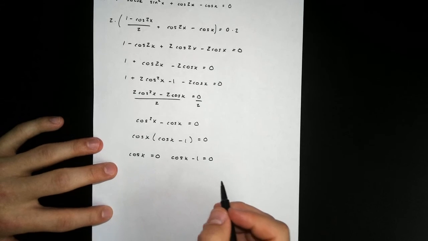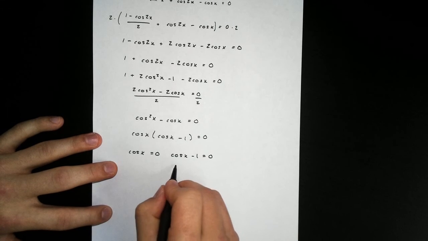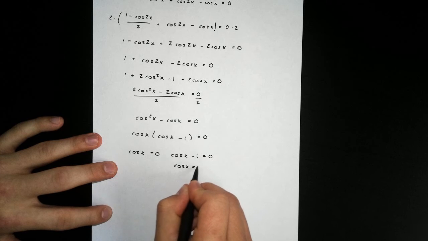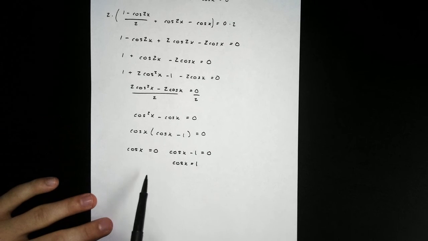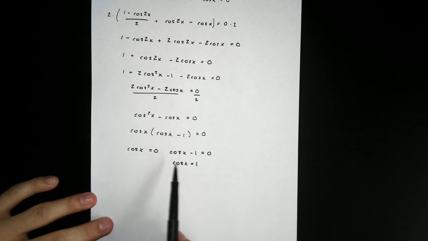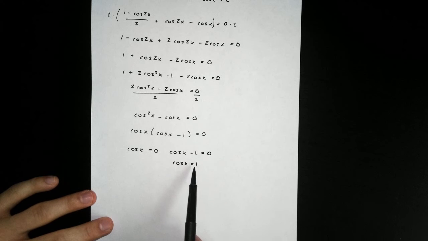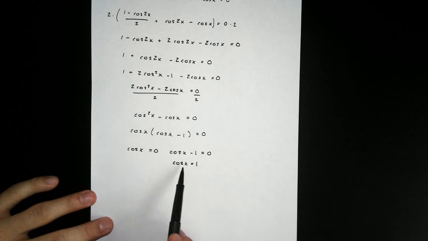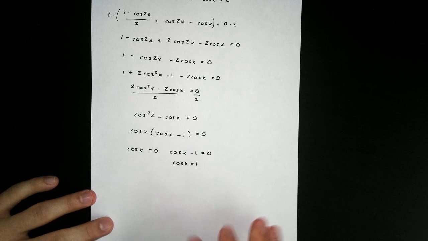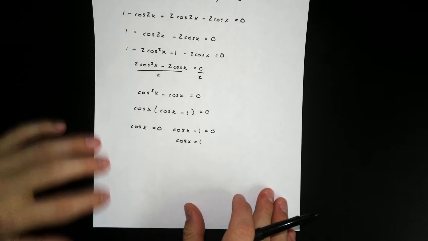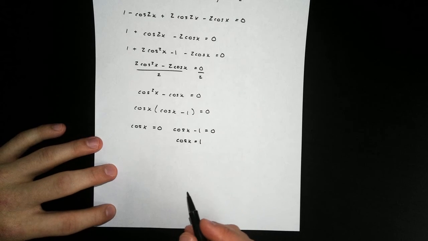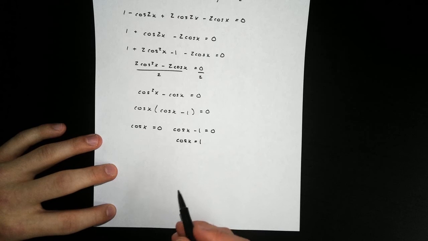And then our zero product property, we can separate that into two equations. So our two possibilities: when is cosine equal to 0, and when is cosine equal to 1. And now we can use our inverse idea. We can take a look at the unit circle to figure out where this happens.